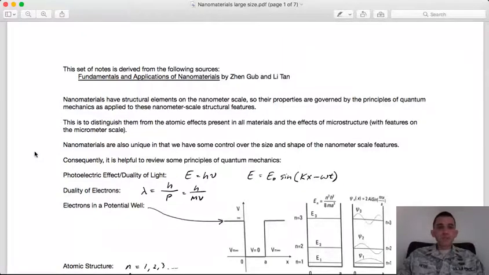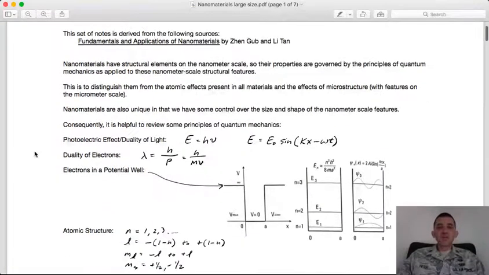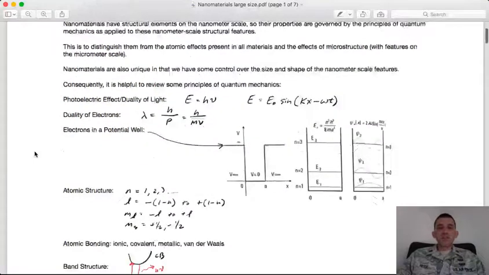To have what we call nanomaterials, obviously, there are natural materials, and we'll talk about some of them, that have nanoscale features. But we don't really talk about them as nanomaterials, even though they have nanoscale features, because you don't think of them as nanomaterials until you have some way of controlling the size and the shape of those nanometer scale features.